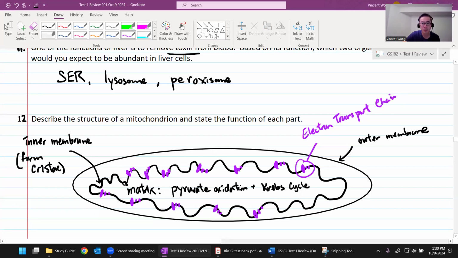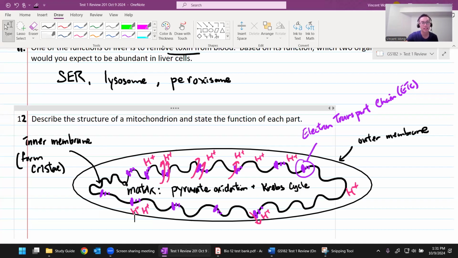Those are the electron transport chain, the ETC. And as electrons flow down the ETC, they're going to pump H plus into the intermembrane space. You can draw more of these if you want, but ultimately you're going to have a lot of H plus in the intermembrane space. They all want to go back into the matrix, but they can't because the inner membrane is blocking it.